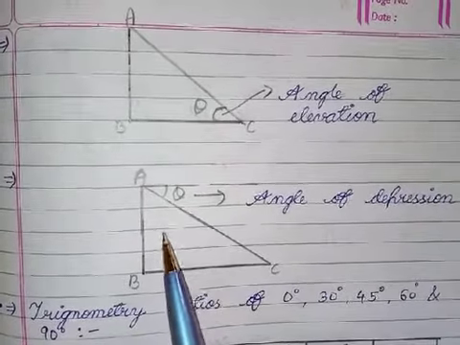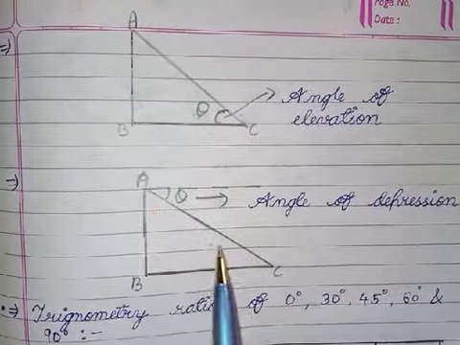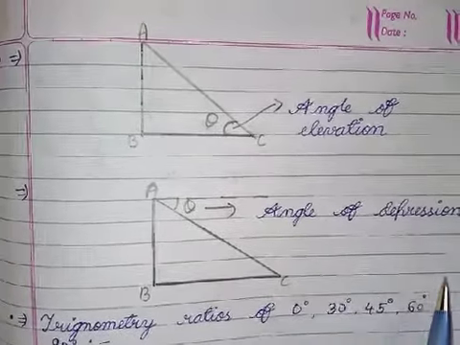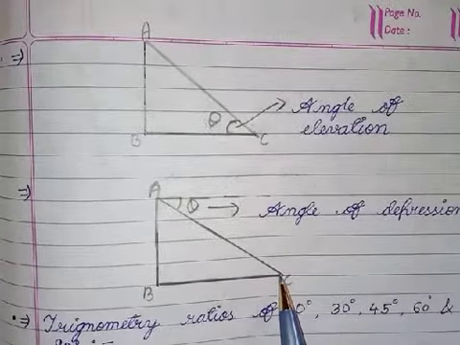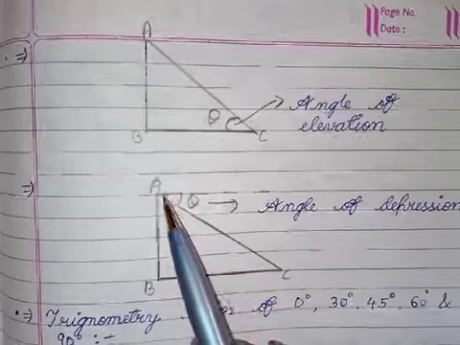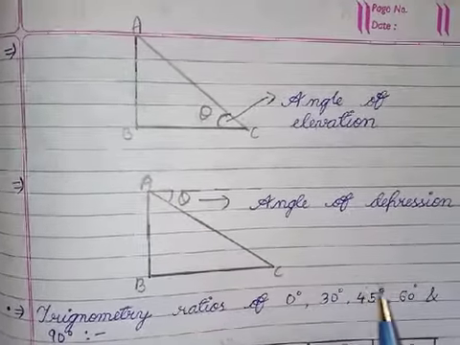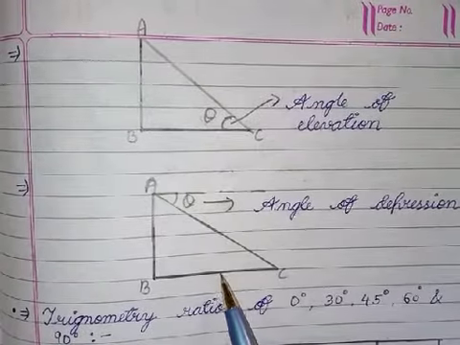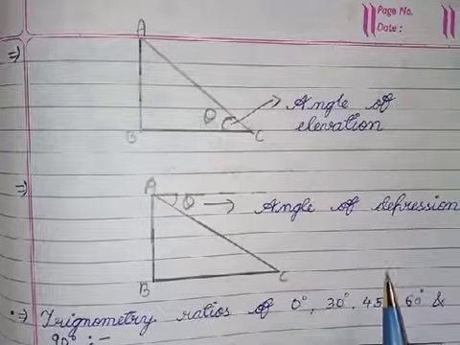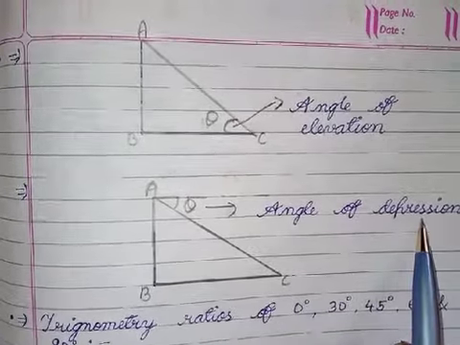Angle of depression is when you see from the top and the things are moving on the ground, say a moving car towards your tower. Suppose you are standing on the tower, and the car is moving towards the tower. From the top you are seeing it, so this is called the angle of depression.